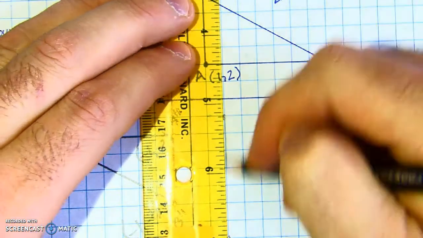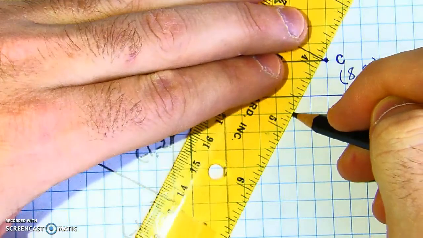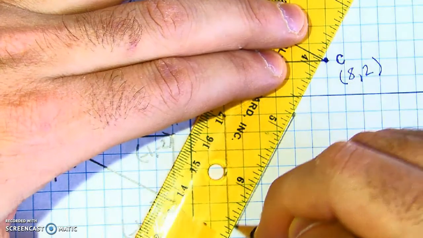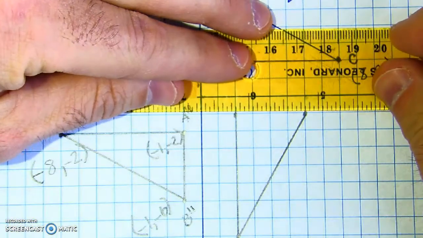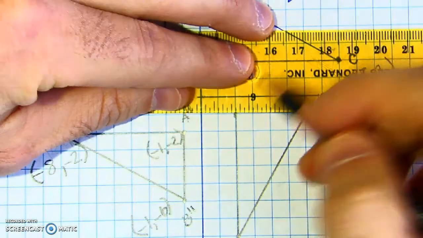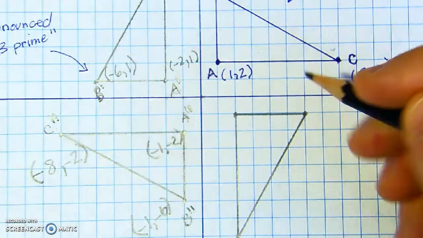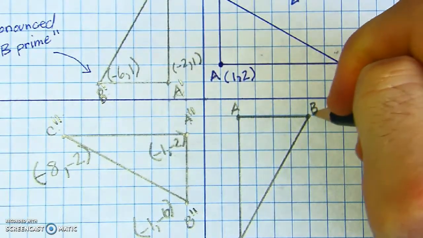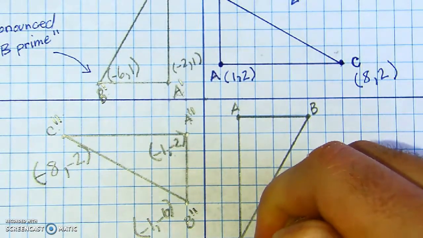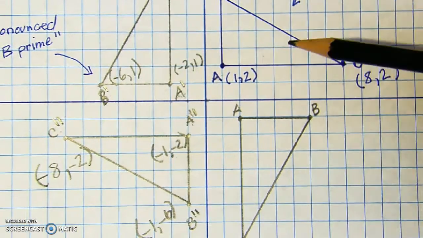Connect these new coordinates together so that we can see where this new image is going to be. That looks pretty good. All right, this is where A landed, and this is where B landed, and this is where C landed.